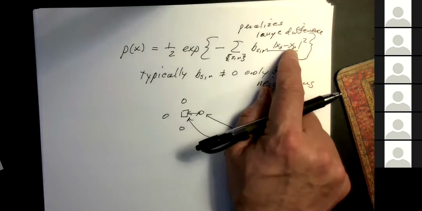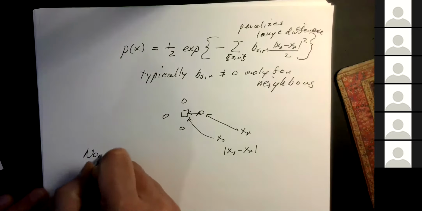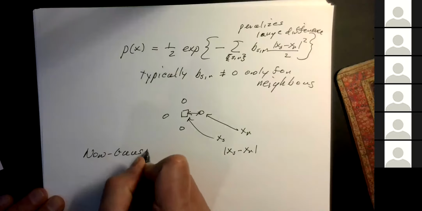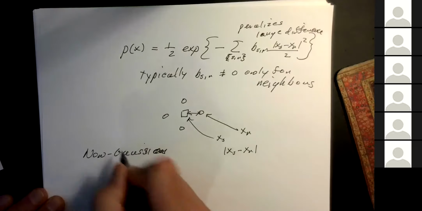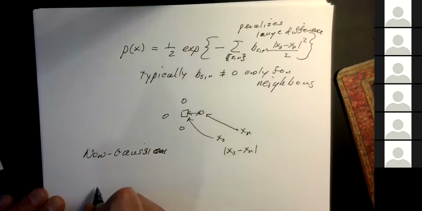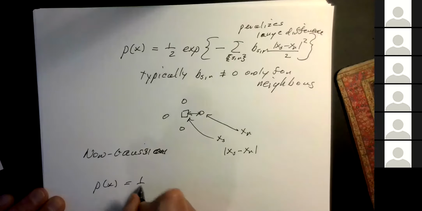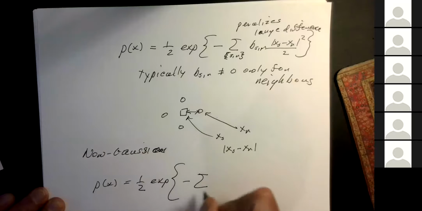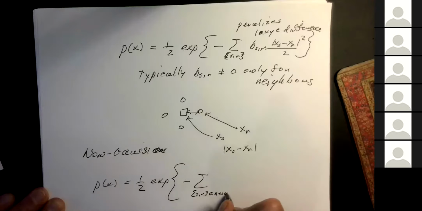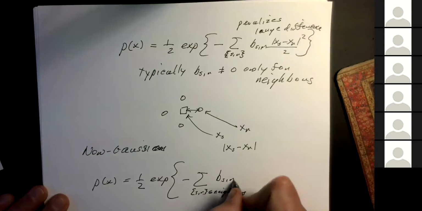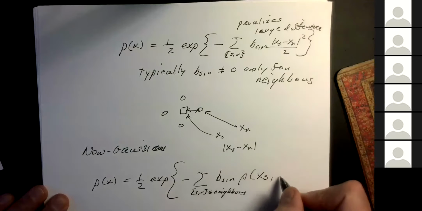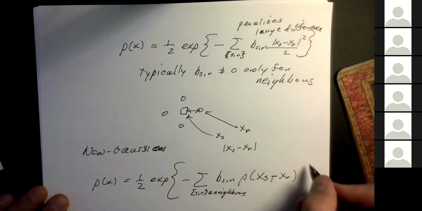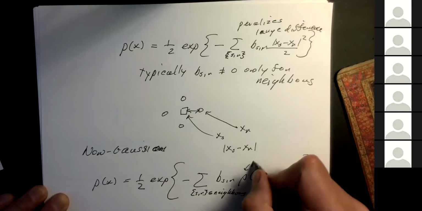The non-Gaussian generalization is this: P of X equals 1 over Z exponential of minus the sum over S, R, which have to be neighbors (of course, you can define any neighborhood you want), of B_SR rho of X_S minus X_R. This is called the potential function.